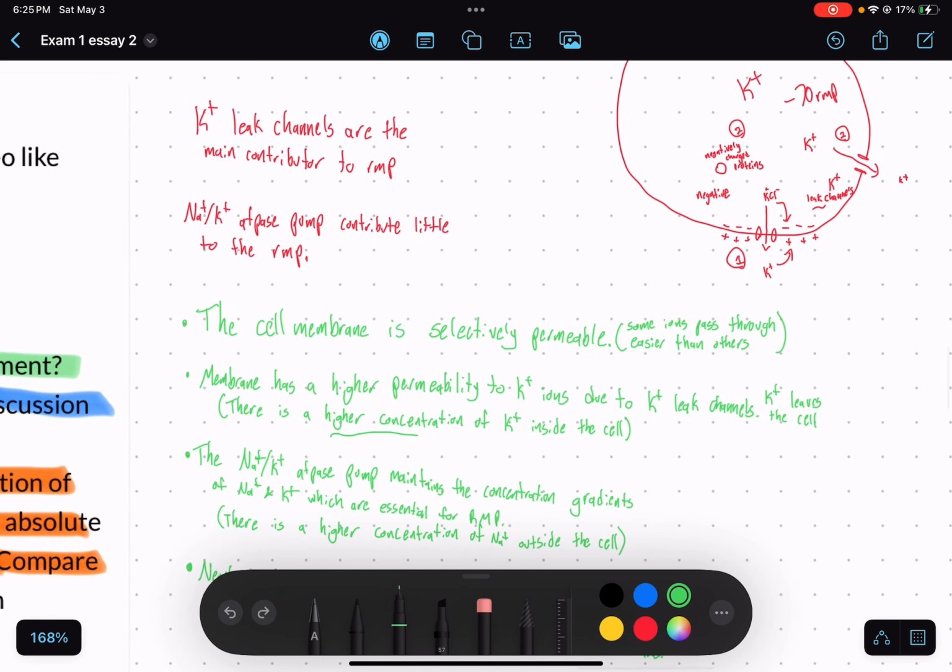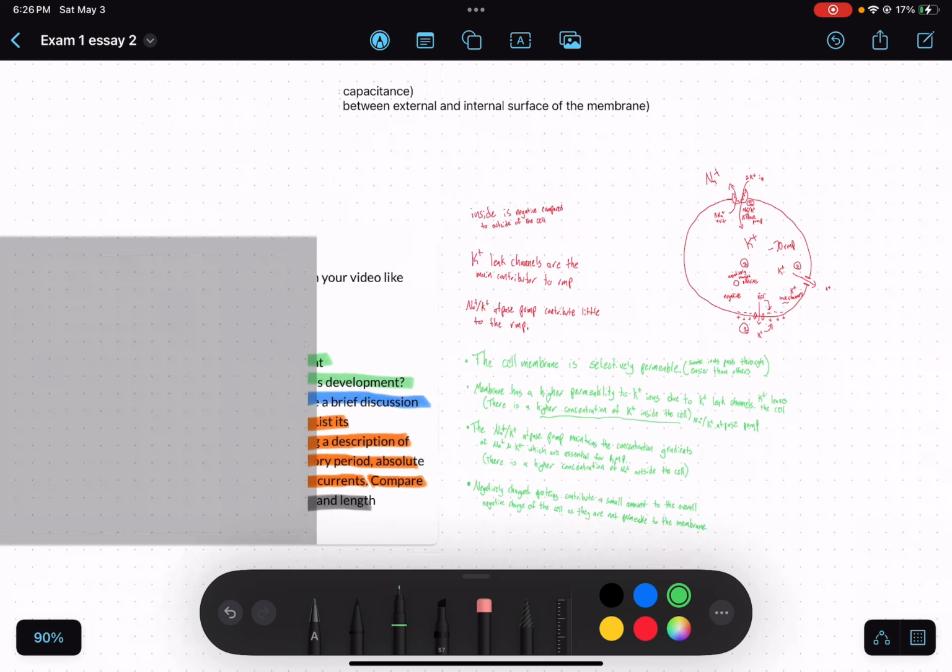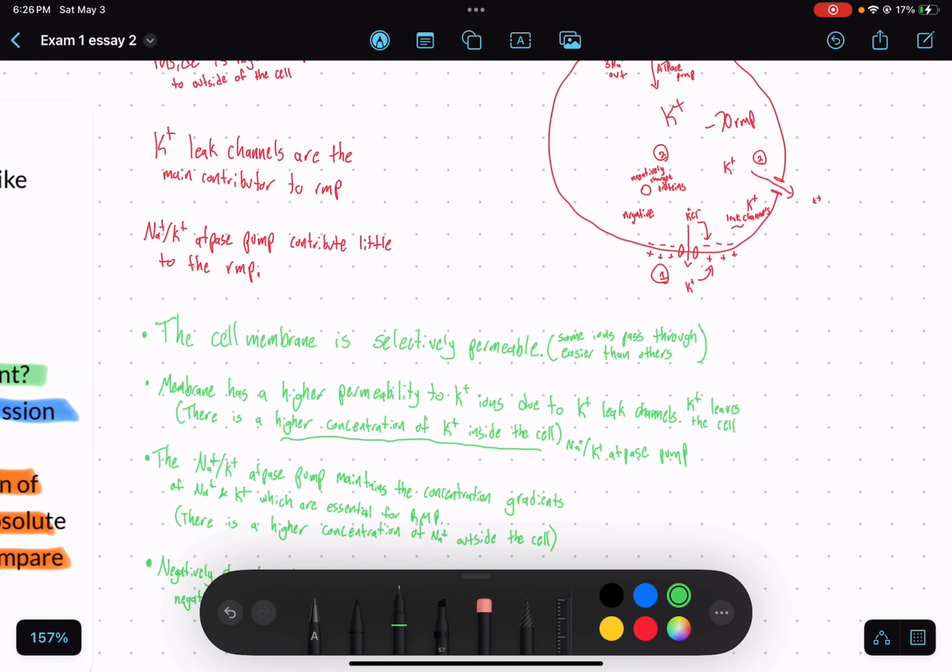We have a higher concentration gradient of potassium inside the cell due to the sodium-potassium ATPase pump. So that gradient is one of the factors contributing to that.